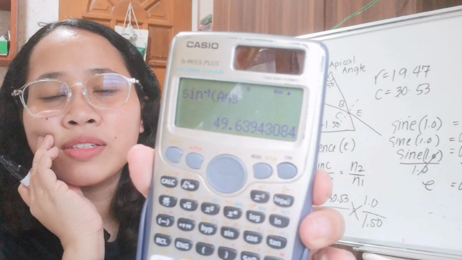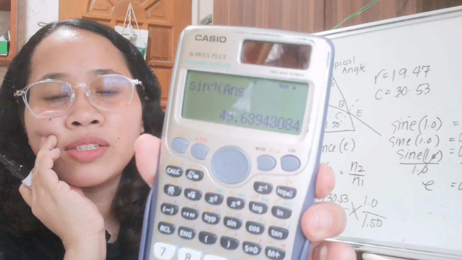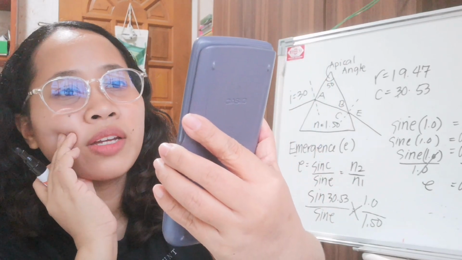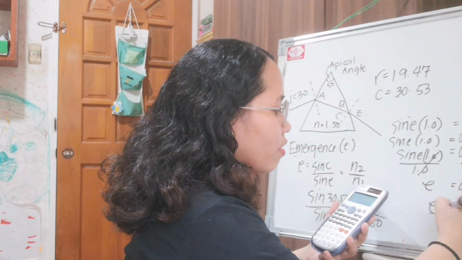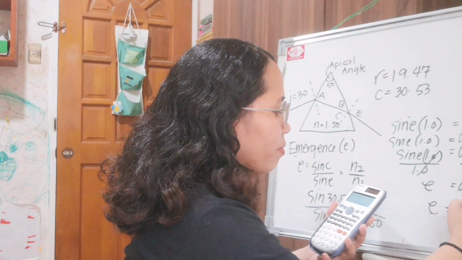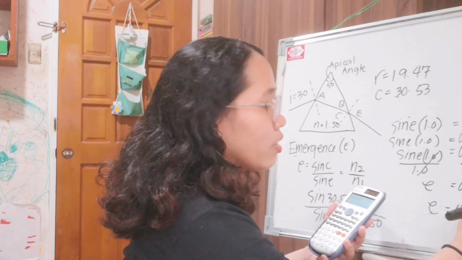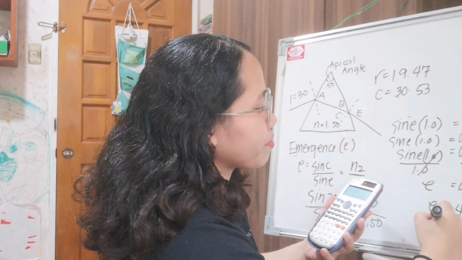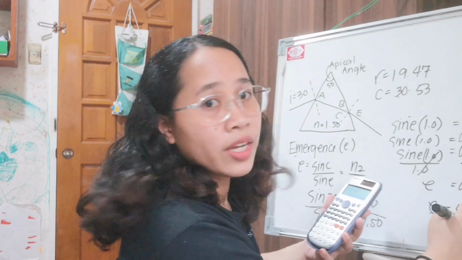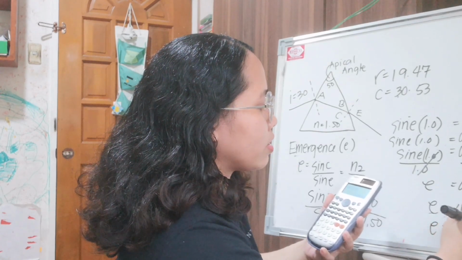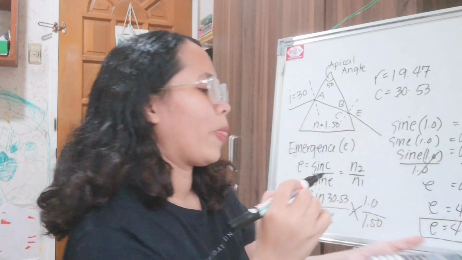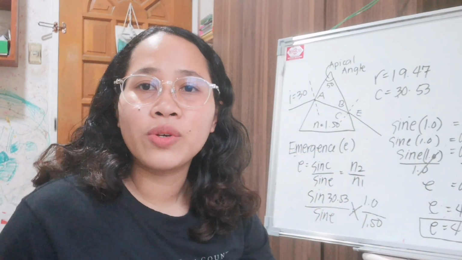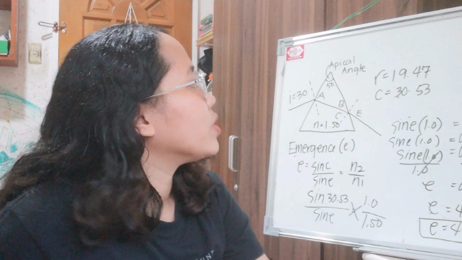So the result is 49.6394338084. We will round it off. So the angle of emergence is 49.63 or 49.64 degrees. Okay, so that's for the angle of emergence.